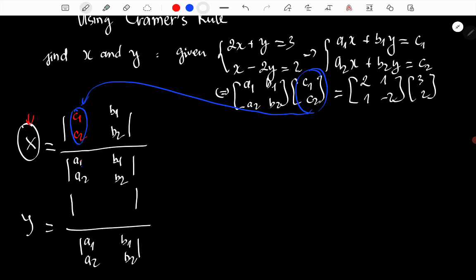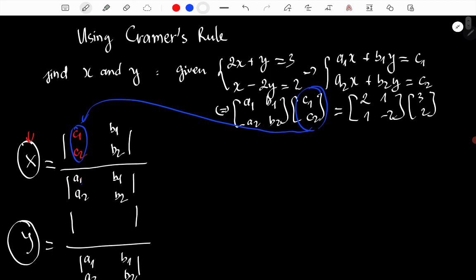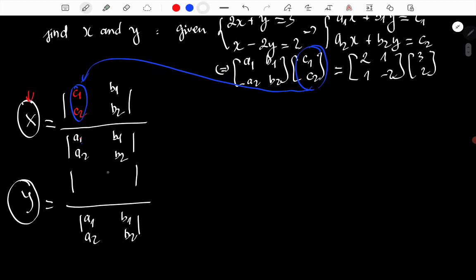We're not gonna change it because we are solving for x. And now when we are solving for y, it's time to change. So the coefficient of x, a1 and a2, gonna be the same, but we're gonna replace c1 and c2 by b1 and b2.